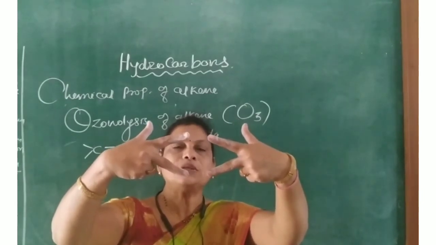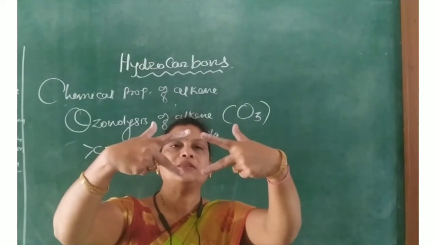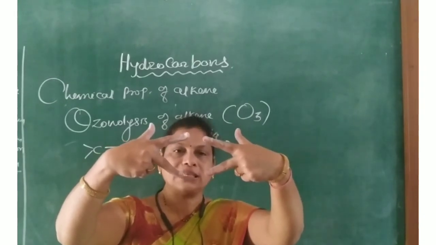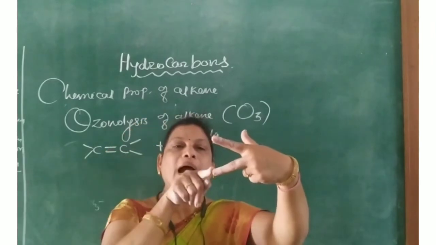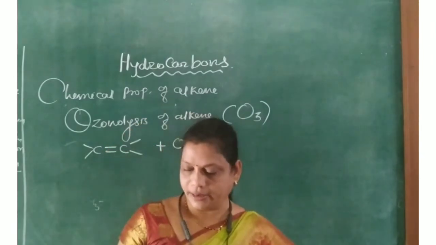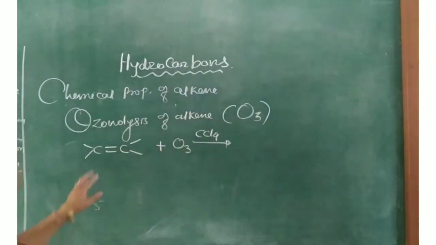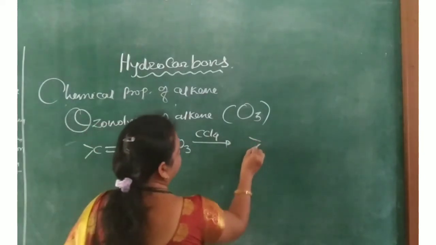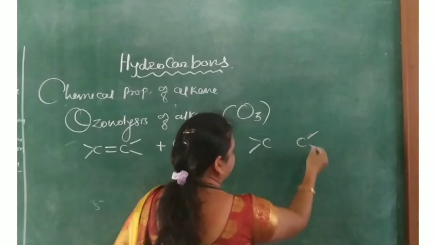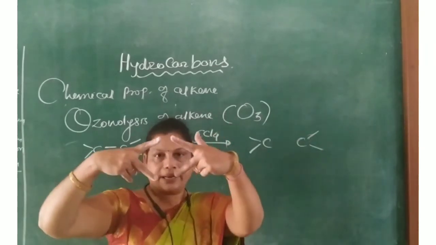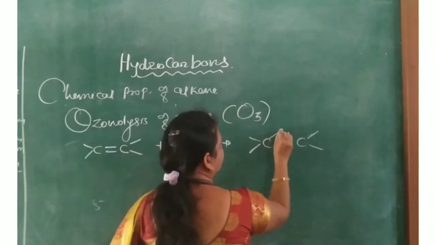Of the 3 oxygen atoms from the ozone molecule, 1 gets combined here and 2 get combined here. So here also, this carbon atom and this carbon atom, and the double bond gets converted in this way.